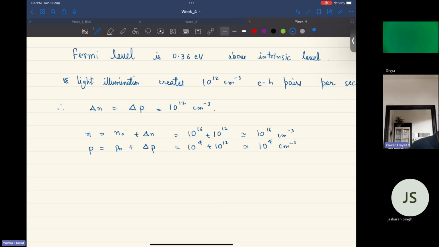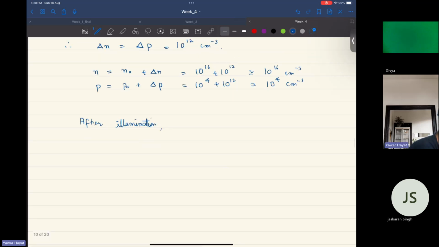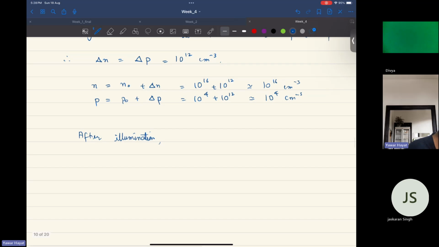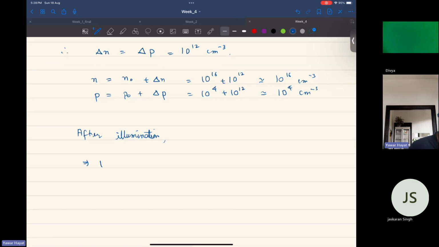So if we find the position of the Fermi level after illumination, what will be the case when we consider the after illumination case? In that case, your EFN minus EI would be KT ln of N by Ni, right? Which is approximately 0.026 ln of 10 to the power 16 by 10 to the power 10, right? Which is 0.36 electron volt.